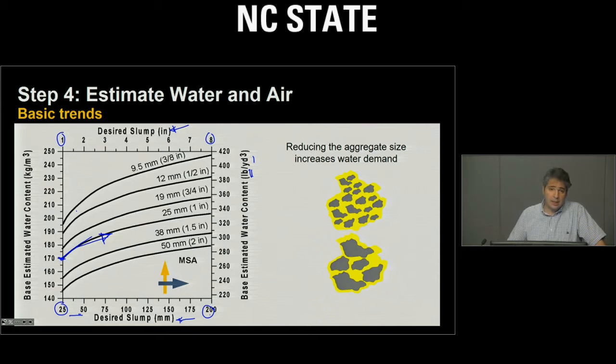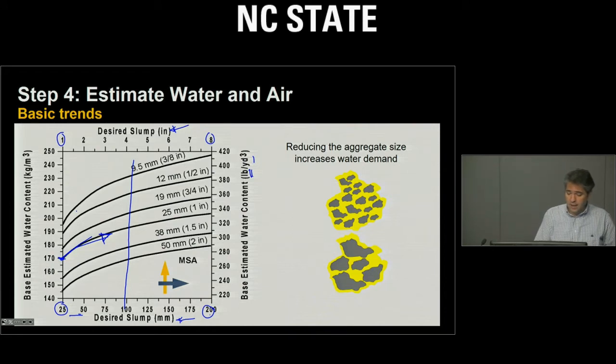A second trend that you observe over here is that for a given slump, depending on the aggregate size, we need a different amount of water. That's a very complicated way of saying something very simple.